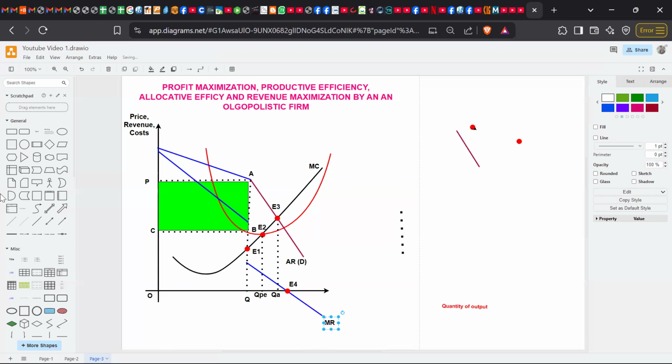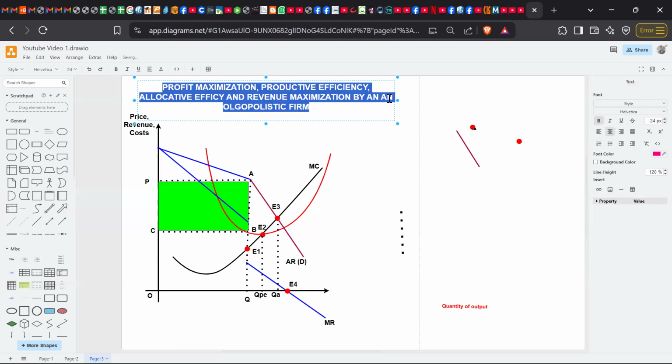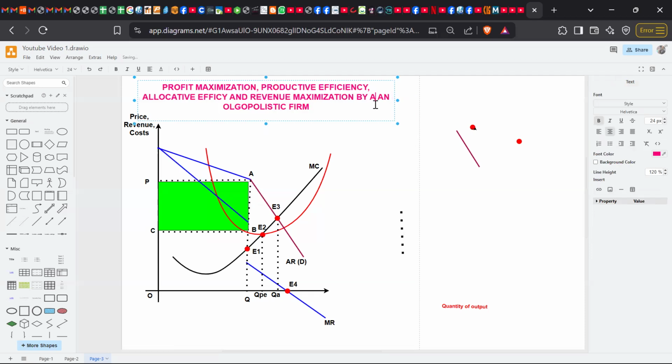So a firm having monopoly power, a firm having pricing power, will always keep the output low to charge a very high price from the consumer by extracting maximum consumer surplus to maximize their abnormal profit, supernormal profit. That is the very title: profit maximization, productive efficiency, allocative efficiency, and revenue maximization by an oligopoly firm.